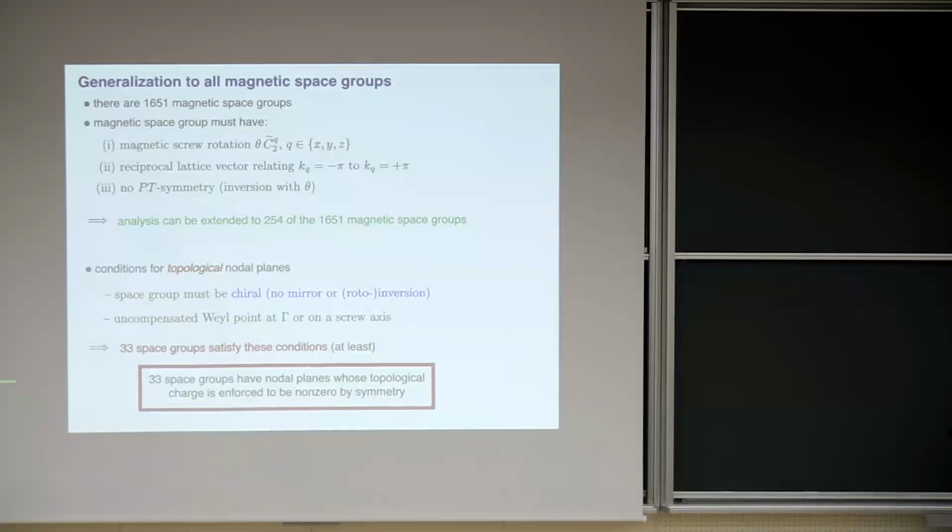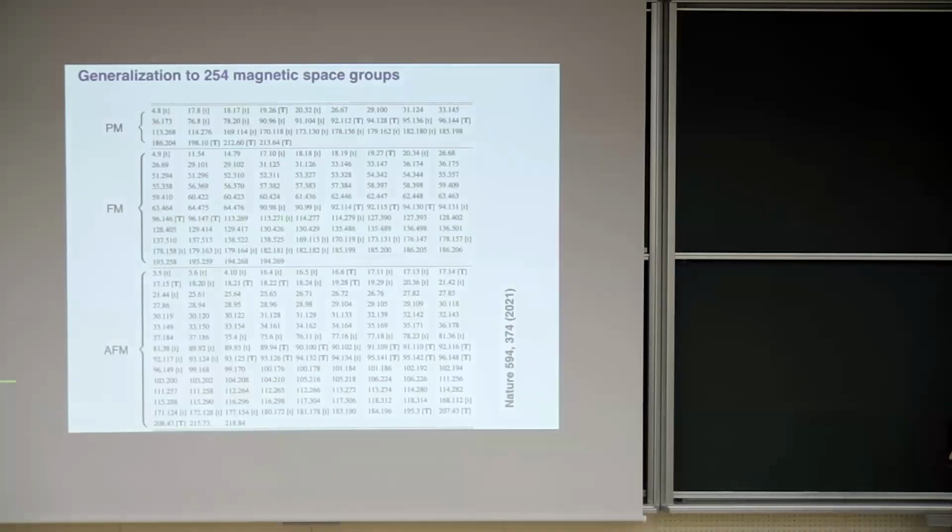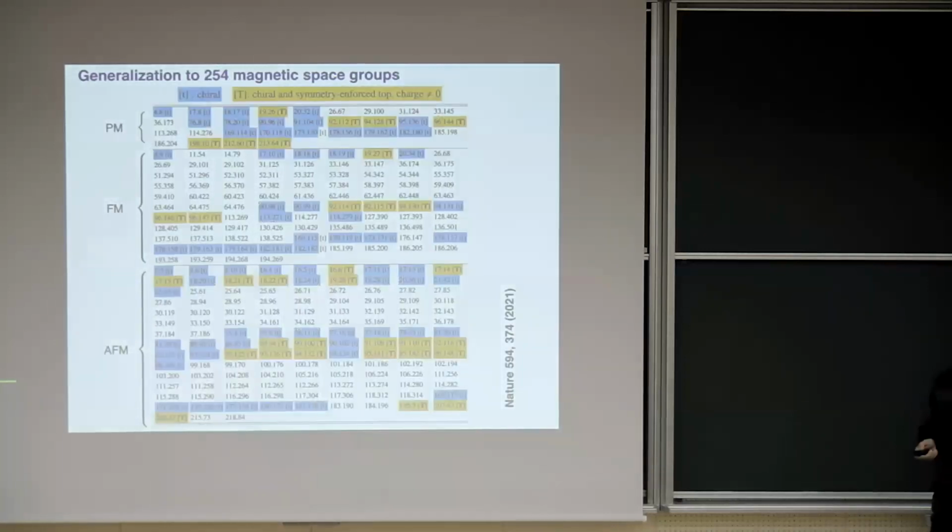So these are further conditions. Then you go down from these 254 space groups to 33 space groups, which satisfy these conditions. So basically, this is shown here. Here we have these 254 magnetic space groups that have nodal planes. Those shown in blue can have a topological charge, these nodal planes, and those in yellow must have a topological charge. Okay, so this is basically the strategy now to find a material with such a topological nodal plane.